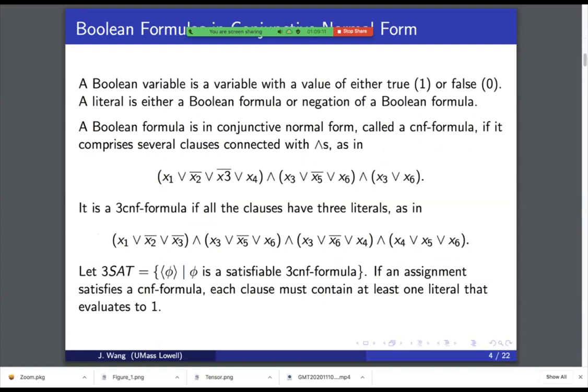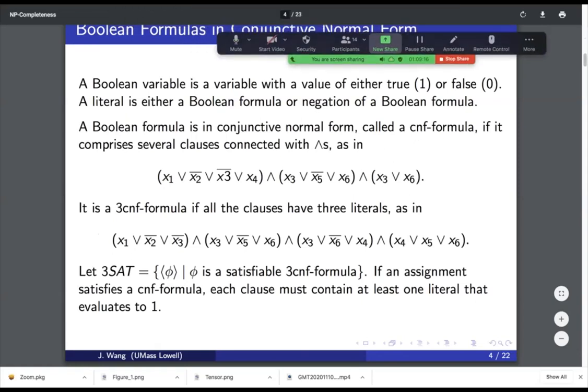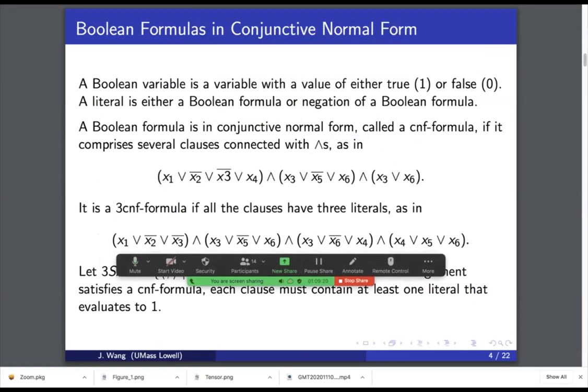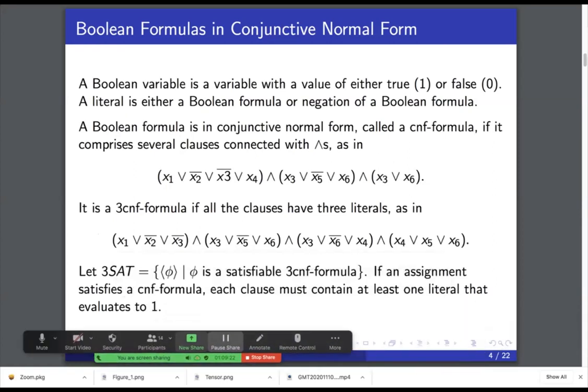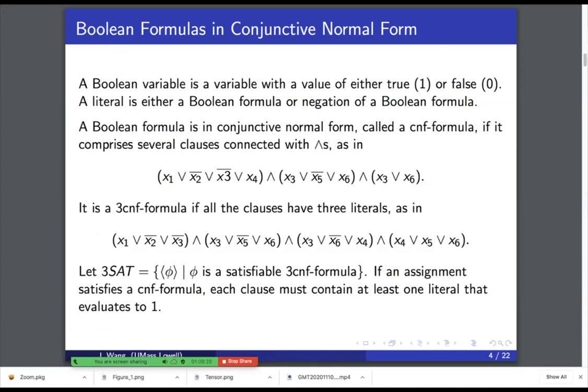Now let's look at a concept called Boolean formulas in conjunctive normal form. We know that Boolean formulas are formed on variables using logic operators. Normally we use three operators: conjunction, disjunction, and negation.